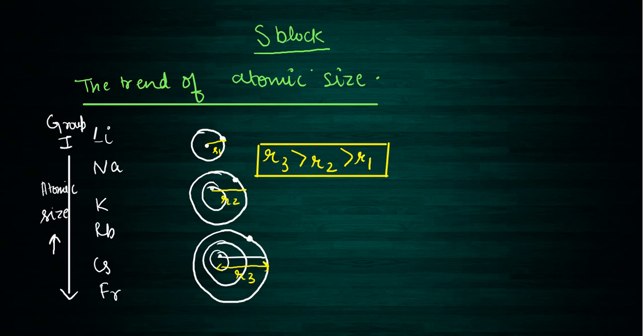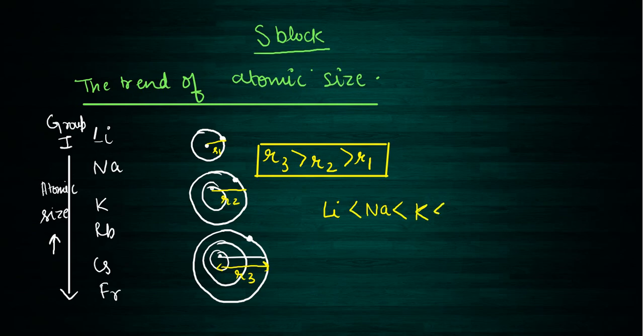Hence, the trend comes out to be: lithium has the smallest atomic radius because it has only one shell, so its boundary from the nucleus is very low. When it comes to sodium, the boundary increases as the number of shells increases. So as the number of shells increases, its atomic size also increases.